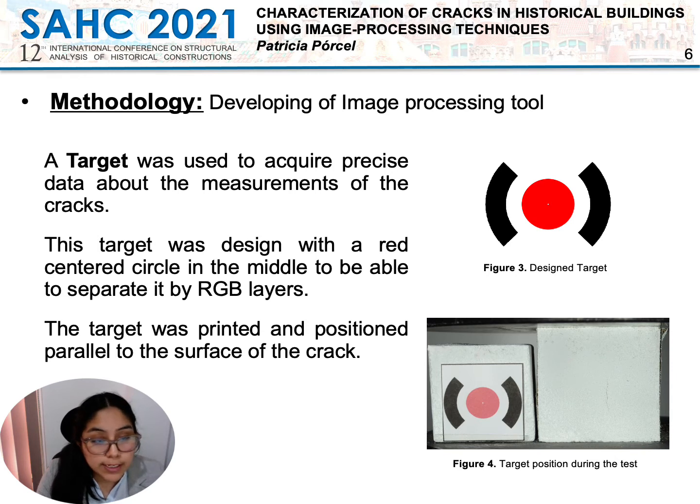This target was designed with a red center because it allowed us to easily separate it with the RGB layers. Finally, this target was printed and positioned parallel to the surface of the crack.